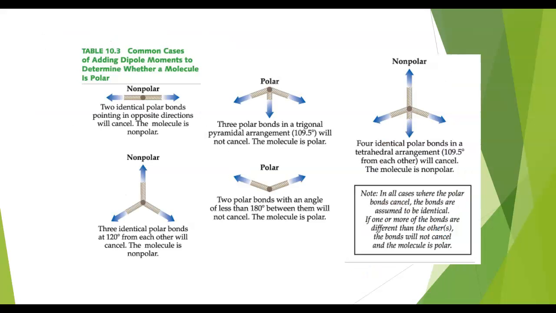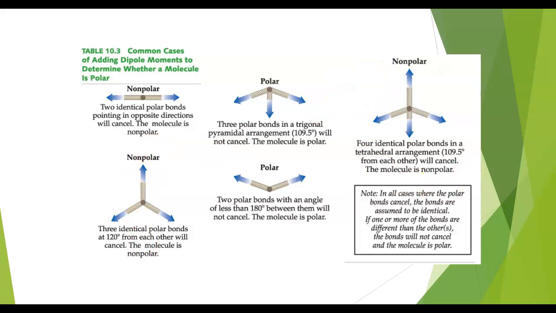Okay, when we're looking at shapes that we've discussed before, nonpolar would be something that's linear because those charges would cancel out, assuming that it's symmetrical and that the same element is on both sides of that central atom. We would also have nonpolar if it's trigonal planar because they're all in the same plane, and so the net force of these two going down would cancel out that force going up.